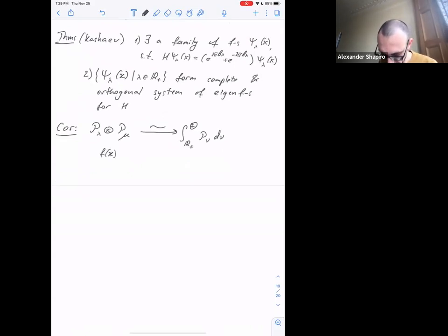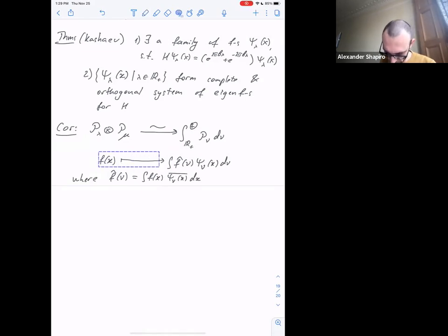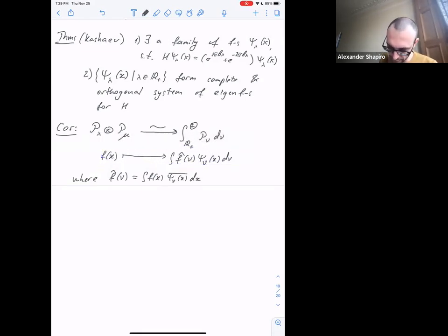If you take some function f of x, then this function is sent to the integral of f hat of nu psi nu x d nu, where f hat of nu is once again just an integral of f of x psi nu x bar dx, right? And this is a unitary equivalence.